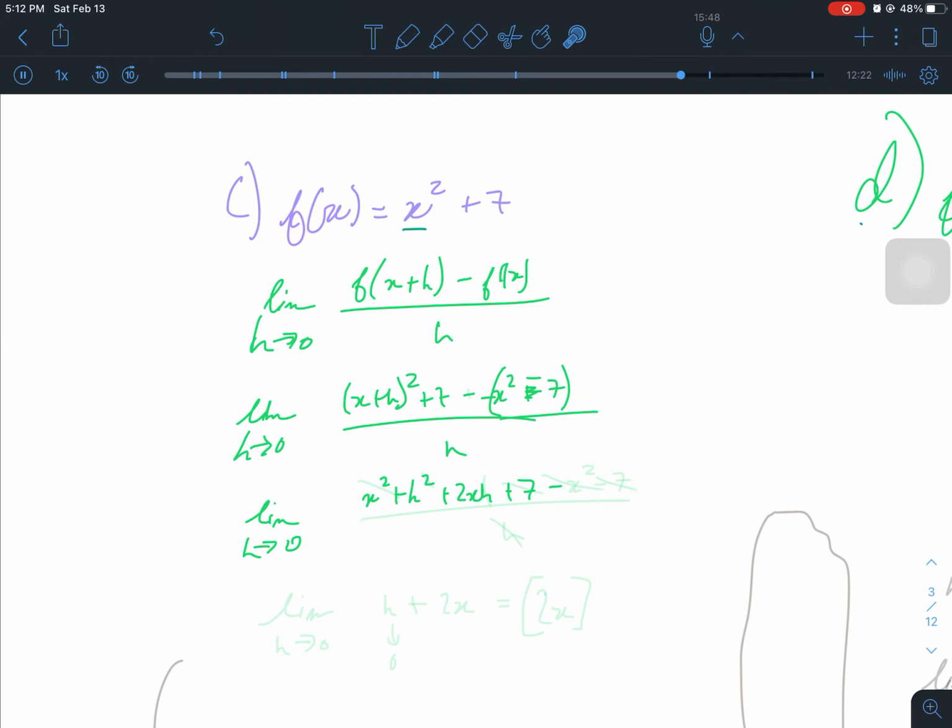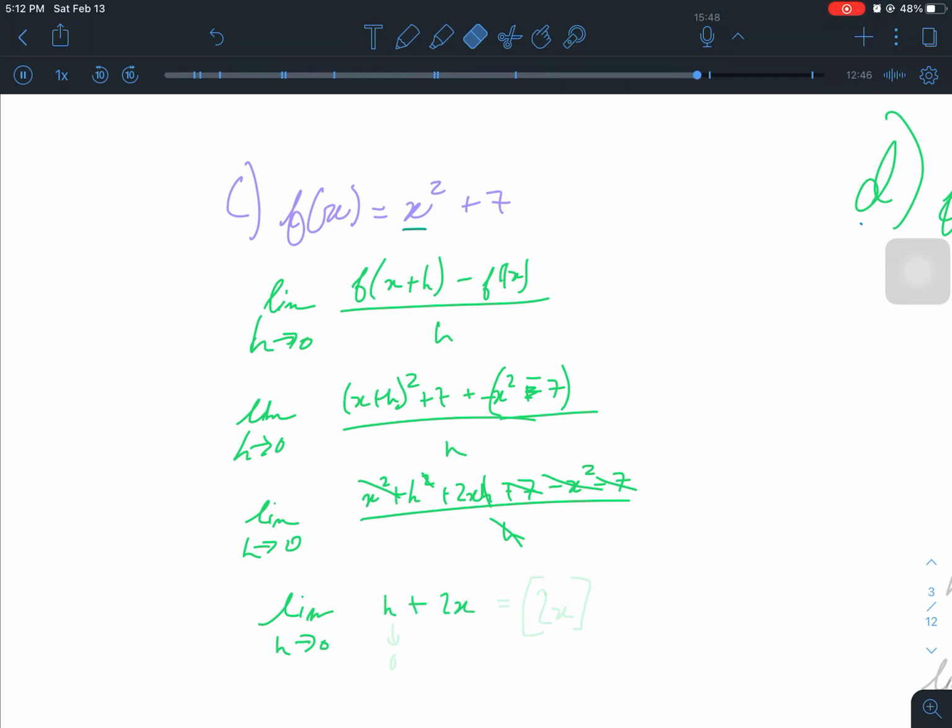And then that's negative x squared minus 7. The 7's become 0, x squared's become 0 over h. Limit of h approaches 0. And the h becomes 1. Right. So that's h plus 2x.